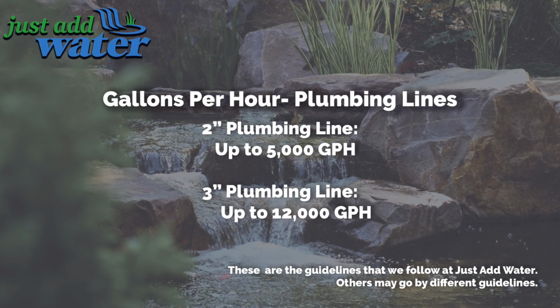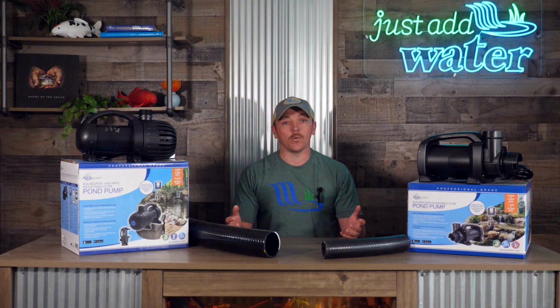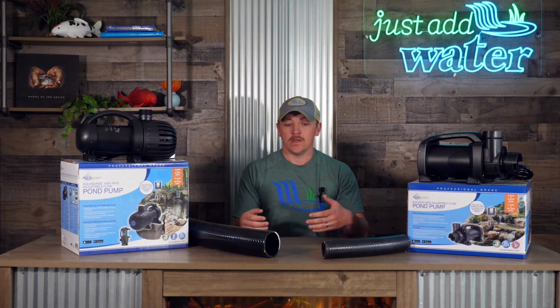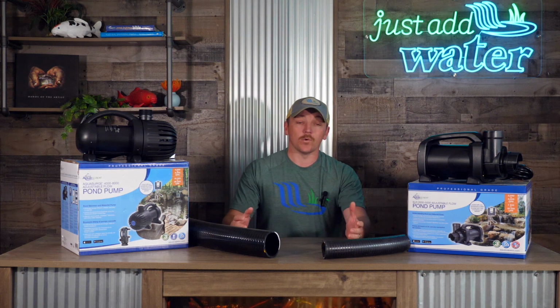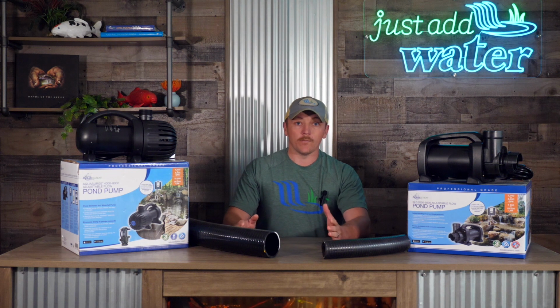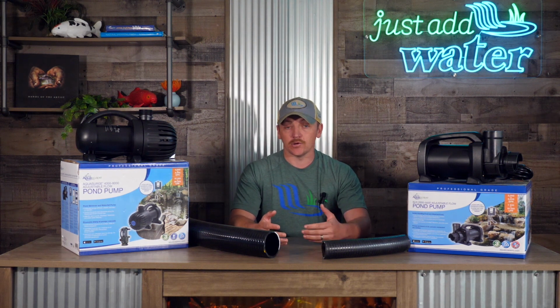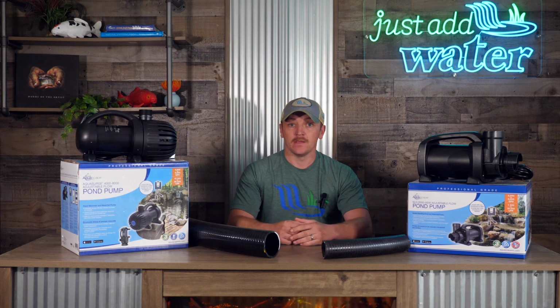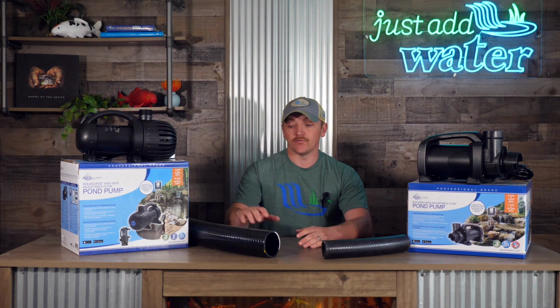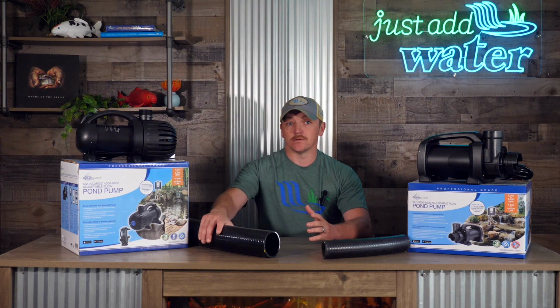So depending on your situation, whether it be a new build or you're just trying to figure out what pump to install there, knowing what size plumbing line you have is very, very helpful. If you want more flow, but you only have a 4,000 gallon per hour pump right now, that's very, very easy to do if we have bigger pipe. Your options are almost unlimited there.